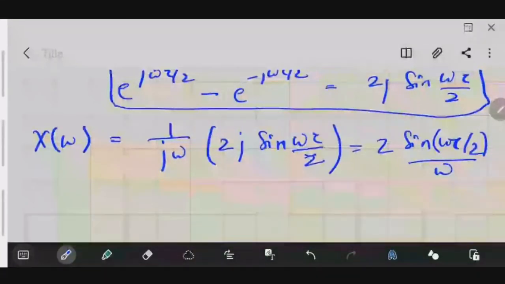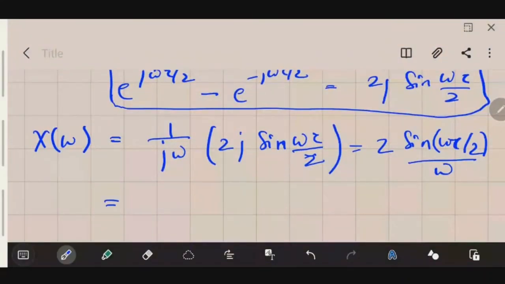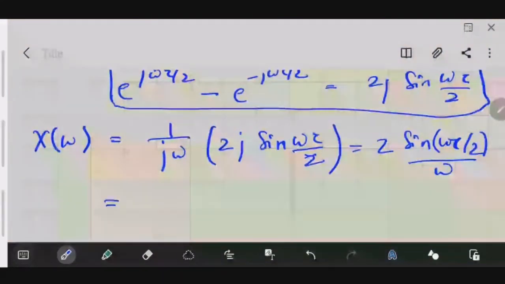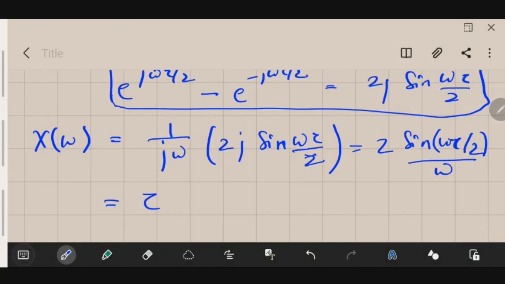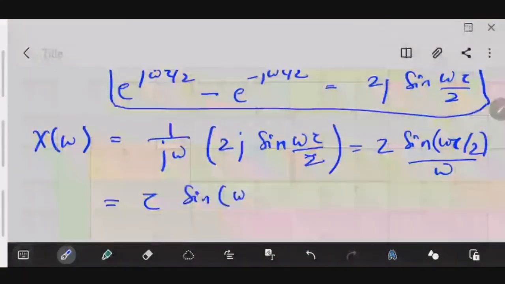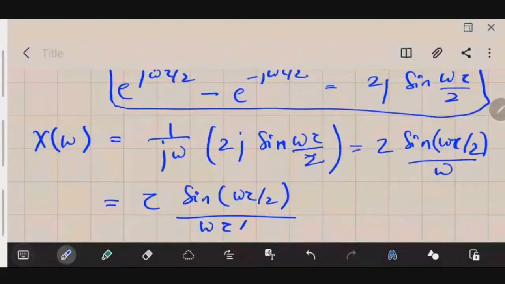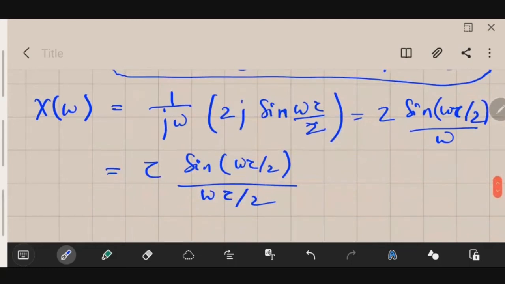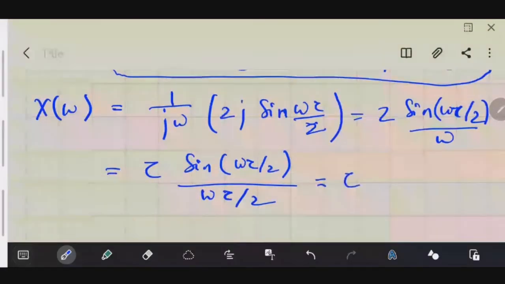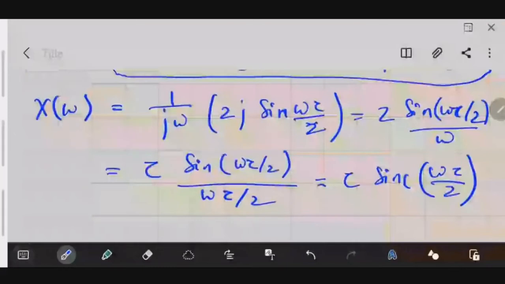So we could write it as tau, then sine omega tau by 2 whole by omega tau by 2. We have multiplied omega tau by 2 in the numerator as well as denominator. So this is now equal to tau sinc omega tau by 2.